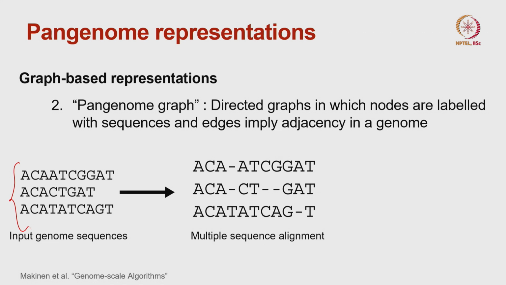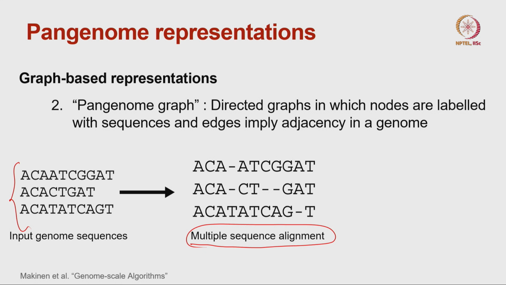Now, one way to analyze multiple genome sequences to understand which portions are similar and which portions are variable is to do multiple sequence alignment. In our lectures we have seen pairwise sequence alignment, and multiple sequence alignment is a generalization of that problem where you are aligning multiple sequences together at a time.